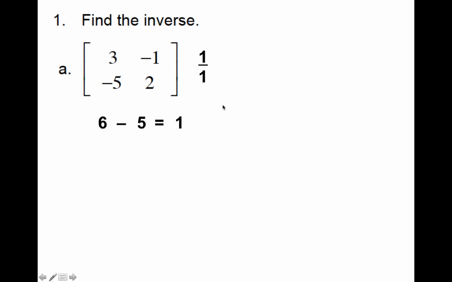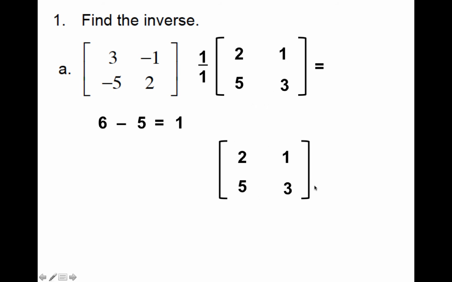We're going to multiply that to the switched matrix. The first cross you switch the order of, so it's not 3 then 2, it's 2 then 3. The other direction becomes the opposite, so this becomes a positive 1 and this becomes a positive 5. Now we can multiply the reciprocal into our matrix. We're just multiplying by 1, so you get that matrix. So this is the inverse of this matrix.